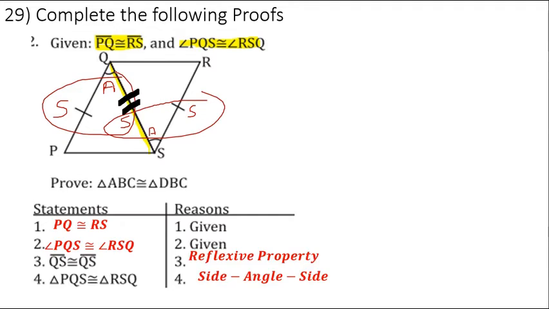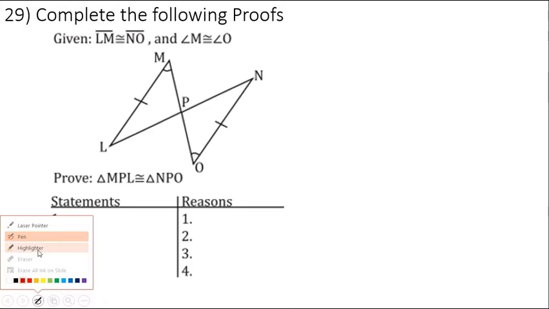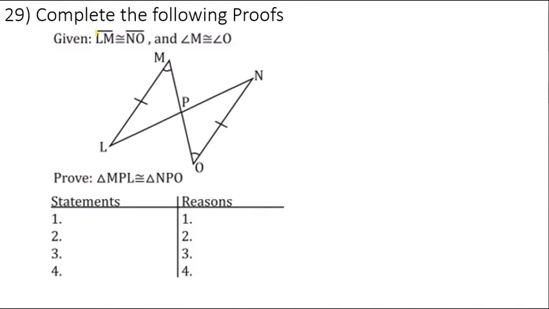Okay, now the third proof. Right here, this one we have to fill out completely. First of all, we look at what's given to us. Side LM is congruent to NO. So that's given.